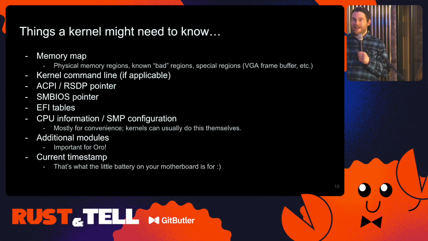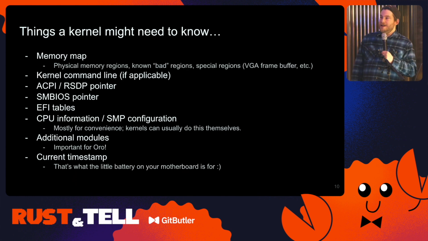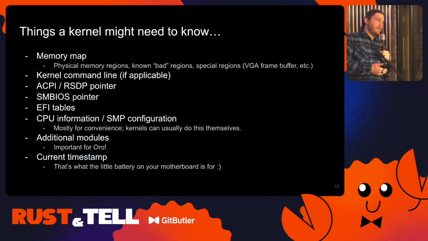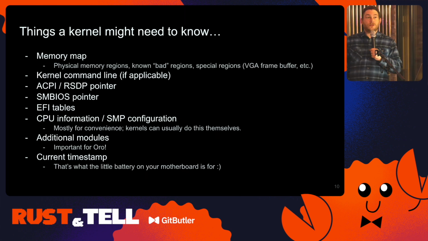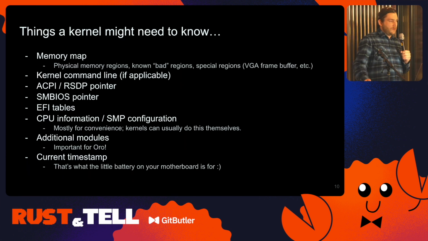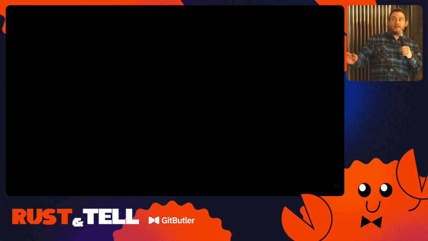In a nutshell, EFI tables, what devices exist? CPU information, how many CPUs are there, and can I use all of them, and are they economy, or are they high-powered, or whatever. And additional modules, so things to load along with the kernel to run, so additional drivers, things like this, and the current timestamp, which is what the little battery on your motherboard is for the most part, right? So these are kind of the things that a kernel might need to know when it boots up.